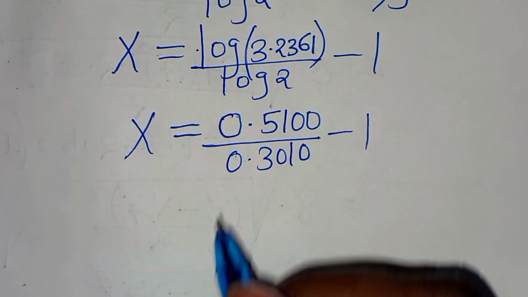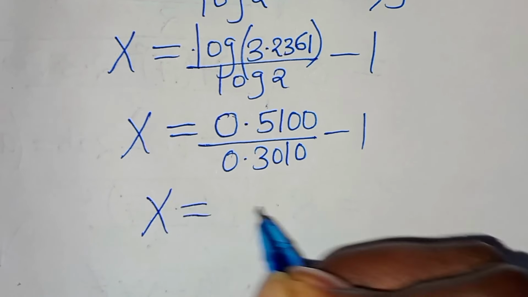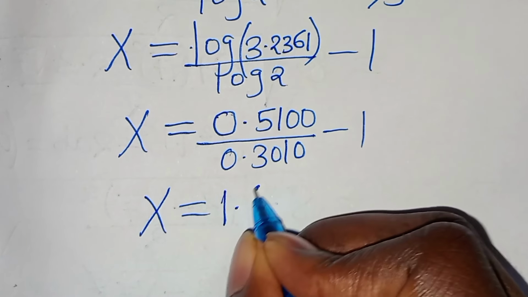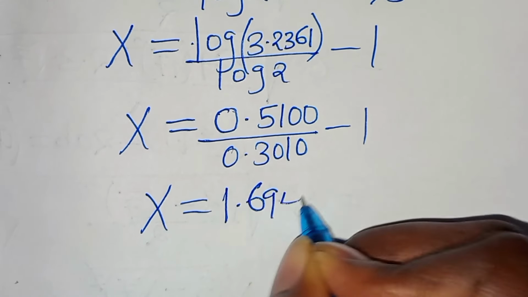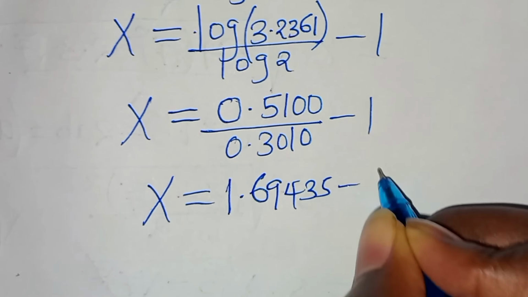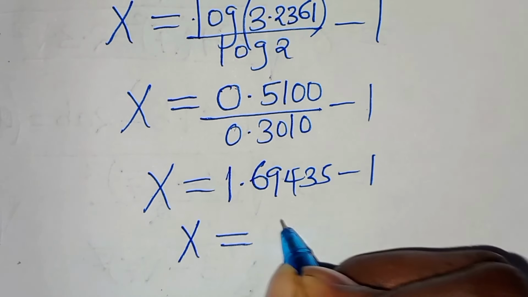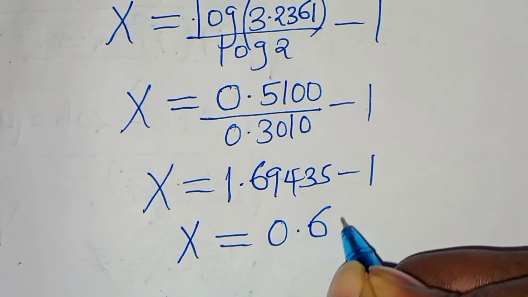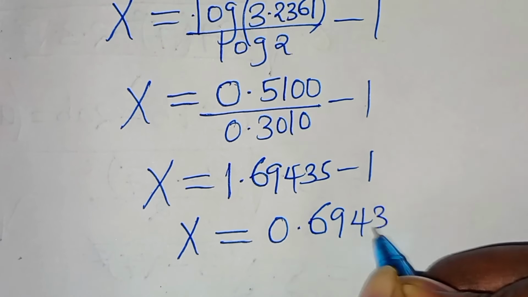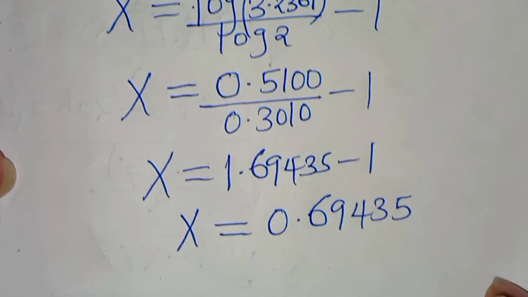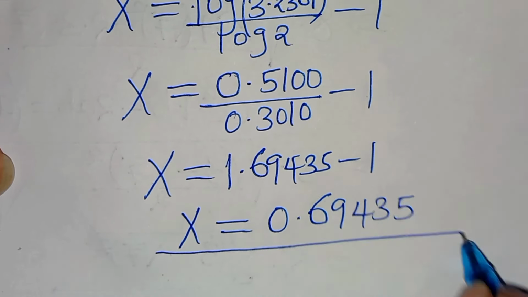And this implies that x is equal to 1.69435, then subtract 1. And this implies that the value of x here is 0.69435. So this is the value of x.